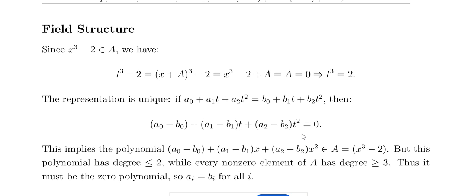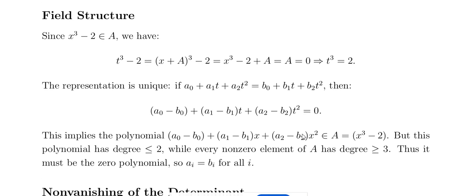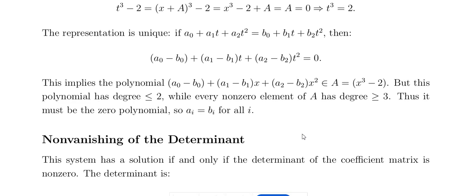So the representation is unique. If two representations are equal, this implies the polynomial (a0 minus b0) plus (a1 minus b1) x plus (a2 minus b2) x square belongs to A, which is generated by x cube minus 2, am I correct? This polynomial has degree less than or equal to 2, while every non-zero element of A has degree greater than or equal to 3, so it must be the zero polynomial.